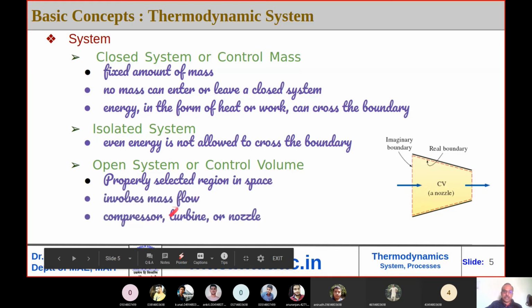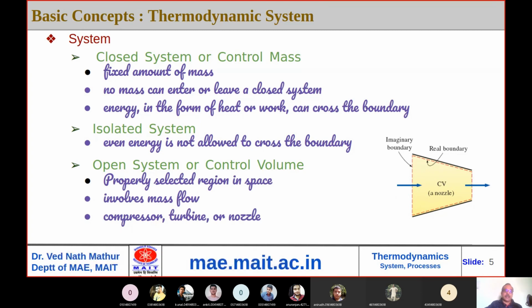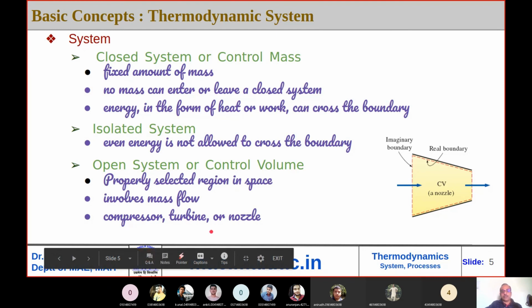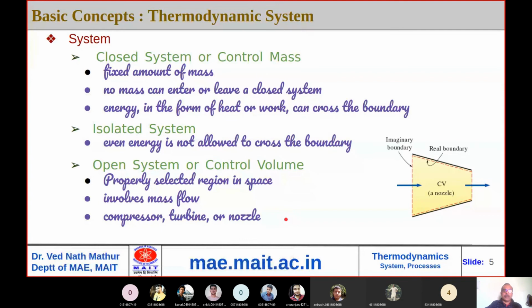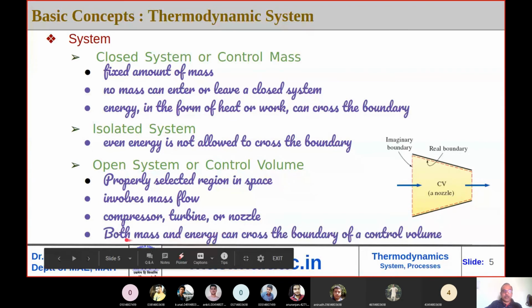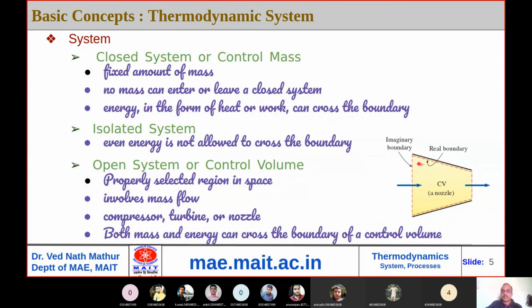This can involve mass flow. All the engineering devices like compressors, turbines and nozzles are open systems. For an open system, both mass and energy can cross the boundary of the control volume. Again, as we discussed in the previous slide, the boundaries can be real boundaries like this.